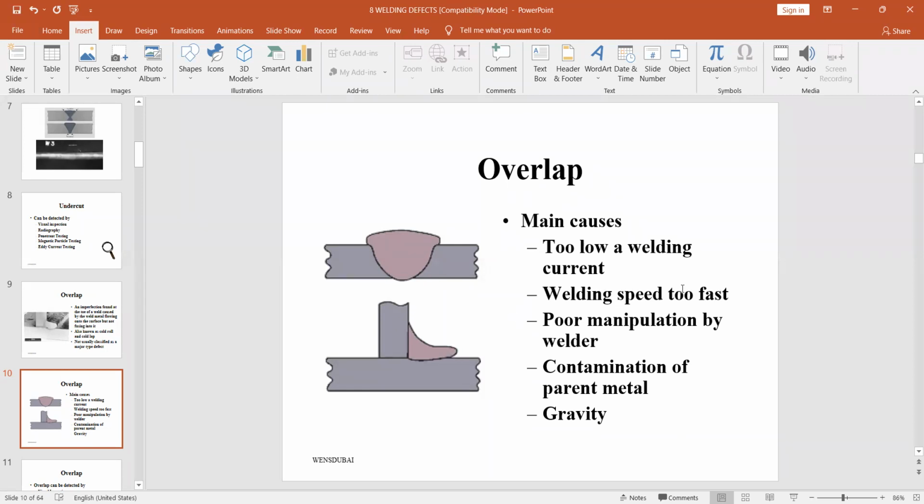Then welding speed too fast is also a reason. Poor manipulation by the welder, meaning the welder has improper skill or less experience, because manipulation of the electrode is also very important. Then contamination of parent metal, and gravity. So these are the reasons for weld overlap. This weld overlap is also not acceptable.